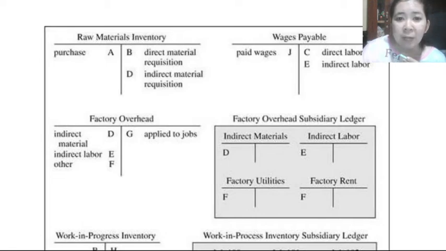In our factory overhead, we have the subsidiary ledgers for the indirect materials, for labor, factory utilities, and rent. But you can also record it in an overhead control account. For specification, to know what type of indirect cost this factory overhead is coming from, we can use these subsidiary ledgers specific for indirect materials, indirect labor, factory utilities, rent, and others.